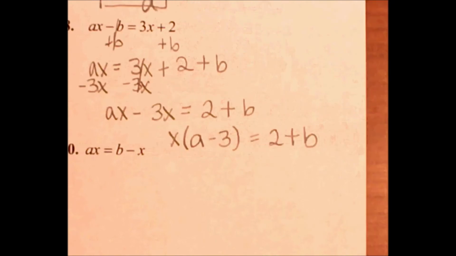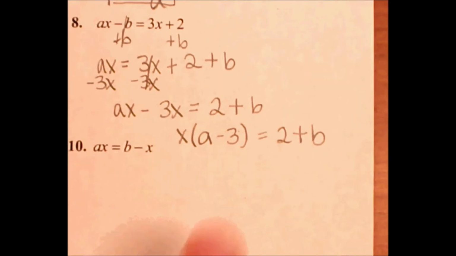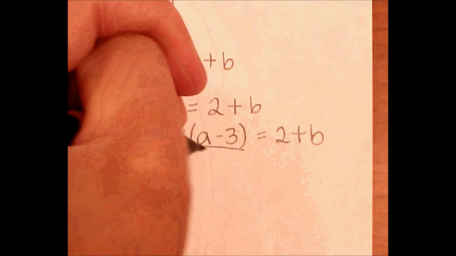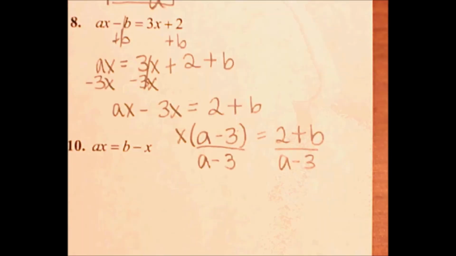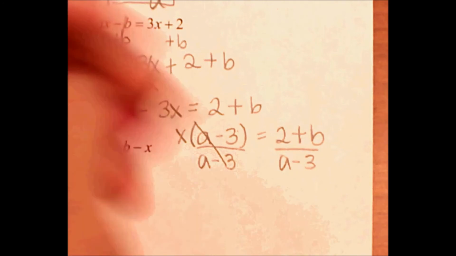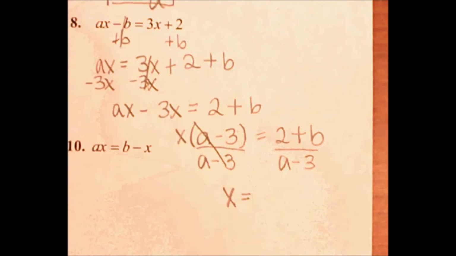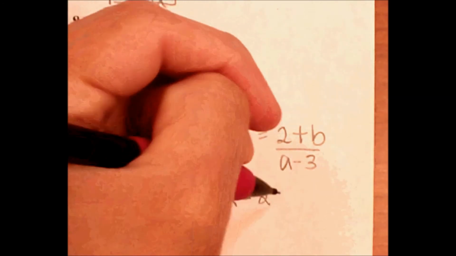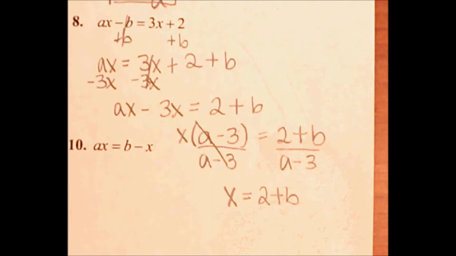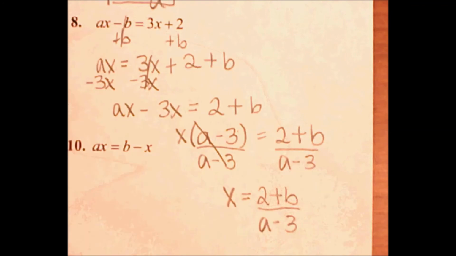Oops, excuse me. Now to get x by itself, I divide both sides by a minus 3. Cancels out. So therefore, x equals 2 plus b over a minus 3.